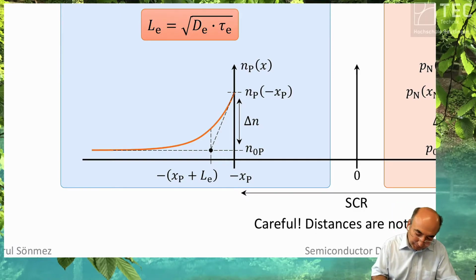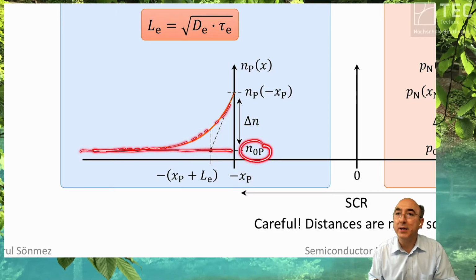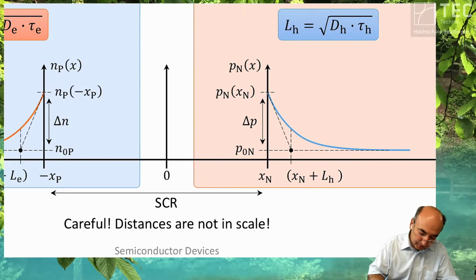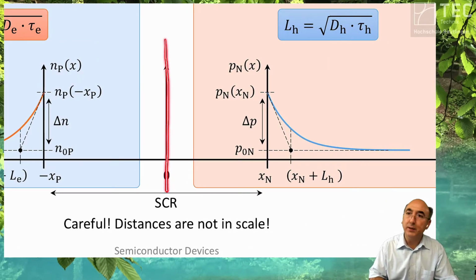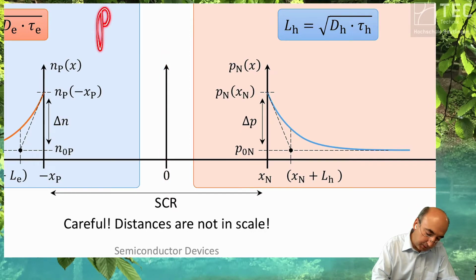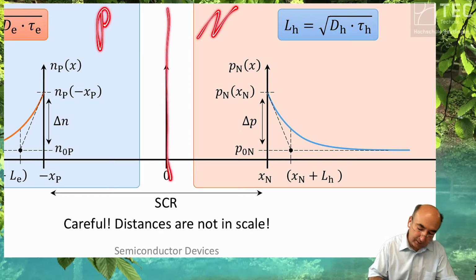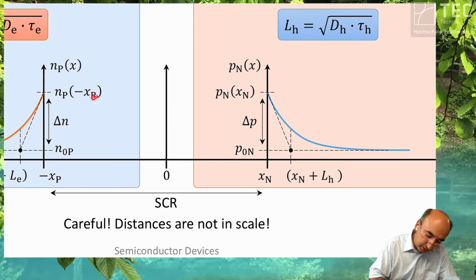Okay, and you know that if you go further into the bulk of the semiconductor, you reach the thermodynamic equilibrium. The same applies. So this is the junction between the p-type and the n-type. This is the junction. And here we inject the holes.